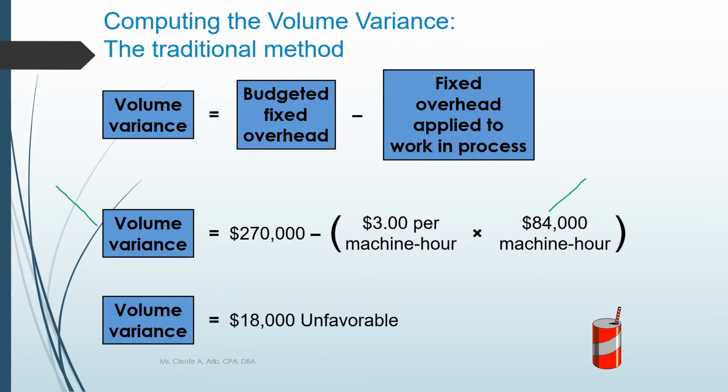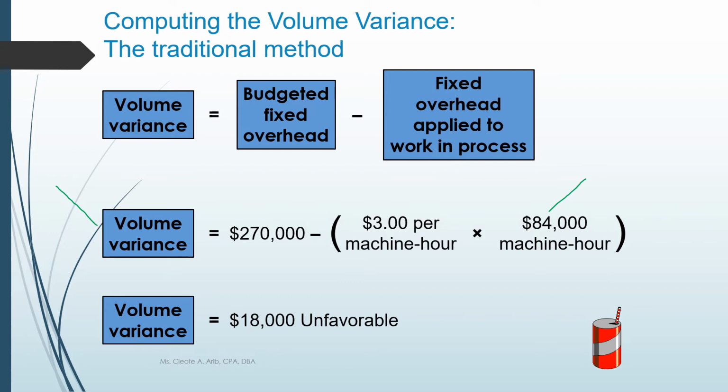This is unfavorable because mas malaki kasi yung tawag nito. When you multiply 84,000 hours by 3, you get 252,000.